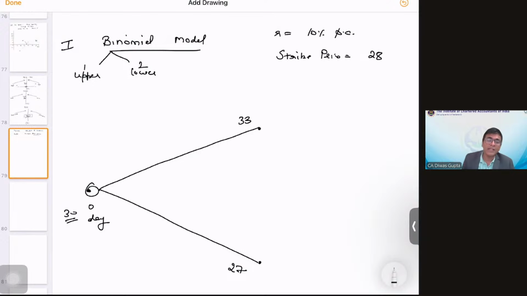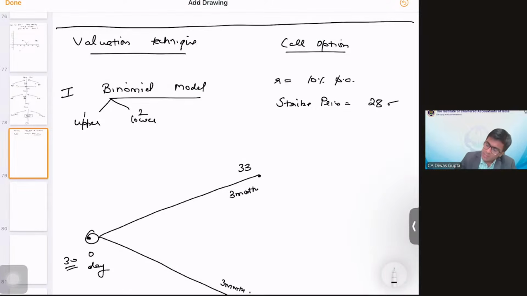At 33 rupees after 3 months, what will be the payout? And at 27 rupees after 3 months, what will be the payout? What was the strike price, students? Strike price was 28. What is the nature of this option? Call or put? It is a call option. So 33 rupees minus 28 becomes 5 rupees.